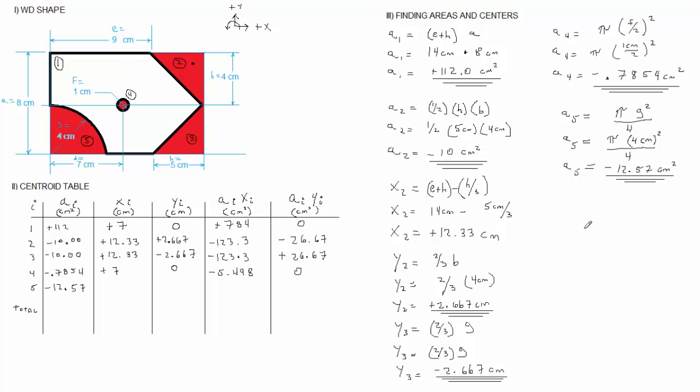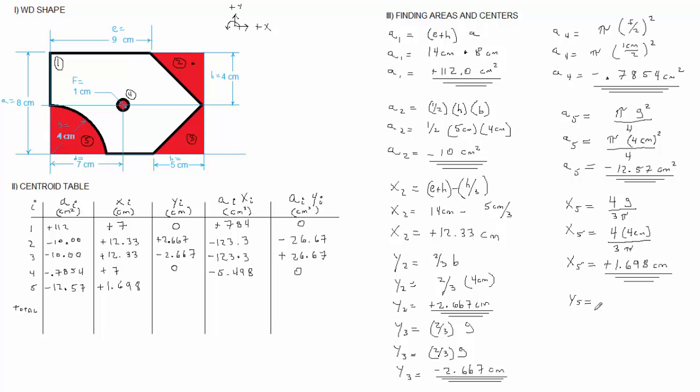Now the x-bar and the y-bar for shape 5 are kind of challenging. Both x-bar and y-bar for this shape have to be measured off the side with the right angle, just like for a triangle. But for a quarter circle, the centroid is located at 4r over 3 pi. 4 times the radius, which is g, divided by 3 times pi. And since the y-axis is here, that's a positive x distance away.